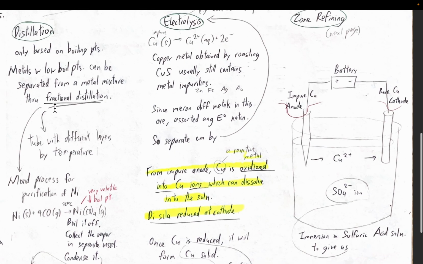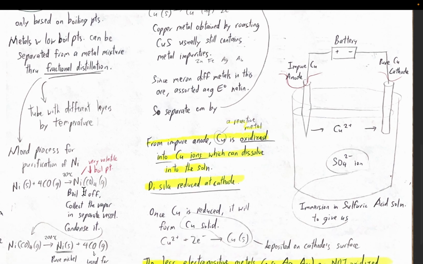One application, I'm not sure if that's the correct term, is the Mond process for the purification of specifically nickel. Nickel plus 4 carbon monoxide produces nickel tetracarbonyl, Ni(CO)4. This is very volatile; in other words, it has a low boiling point.